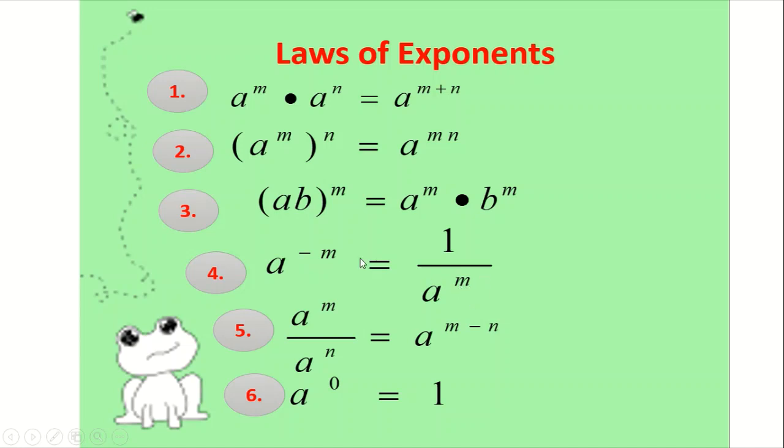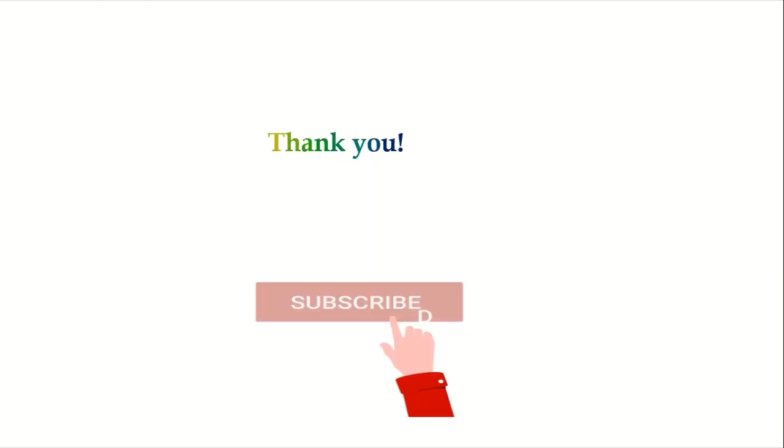And then make that negative exponent into positive exponent. Then, sa quotient law naman, ang gagawin nyo is to simply subtract the exponent before you simplify, okay? So, same base, subtract exponent, then simplify. Then, for zero exponent, all you have to do is any number or any variable with zero exponent that is equal to 1.